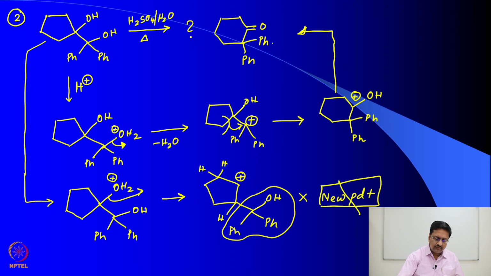No new product will be formed in this particular reaction. So, we have seen a couple of examples using pinacol-pinacolone rearrangement, how one can predict different products of a given reaction.